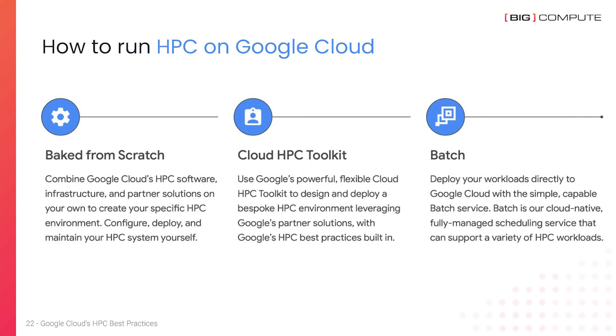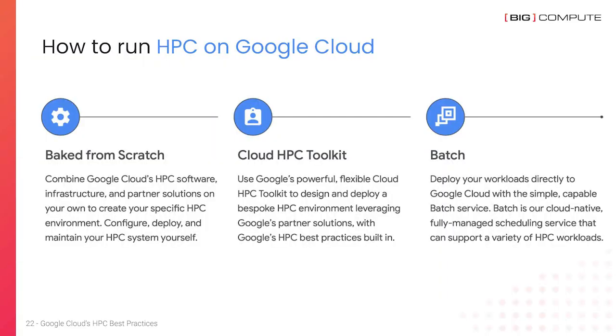That's the Cloud HPC Toolkit, a flexible toolkit designed to take all the individual ingredients, individual solutions from Google and its partners, and assemble them together in a way that's easy for you to configure and customize without having to go and find and measure each ingredient separately. And it has our HPC best practices built in for you, stemming from our own HPC experiences, so you don't have to make a lot of effort to ensure good performance.